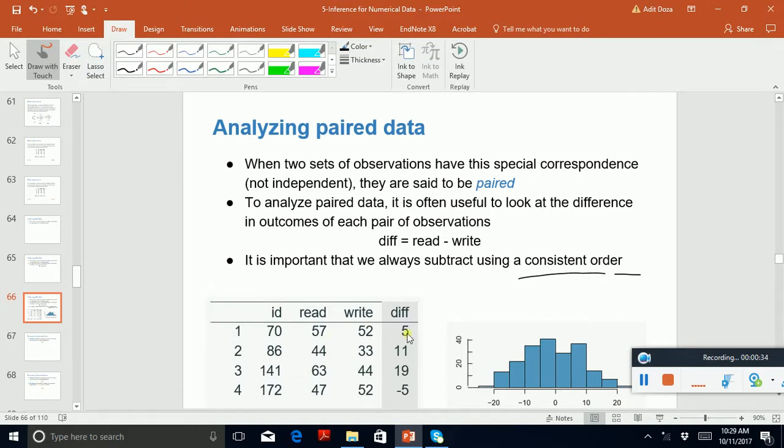They have found the difference by subtracting reading minus writing. So it's reading minus writing, and that's the difference. And this should always maintain a consistent order. So when we try to analyze paired data, we must make sure that the order is consistent, right?